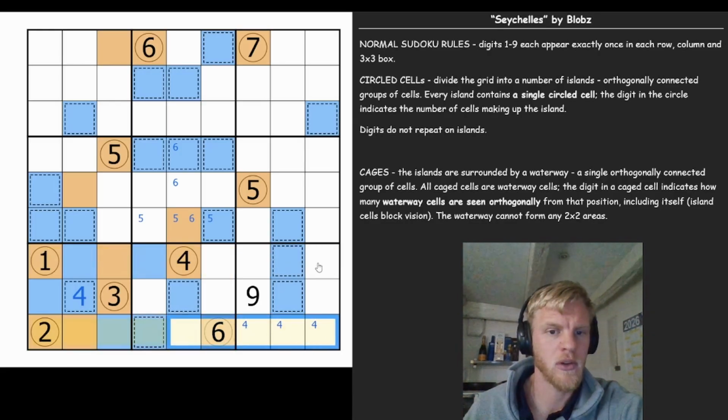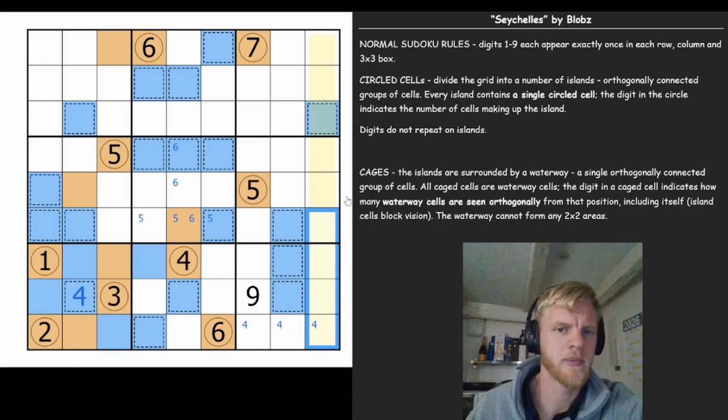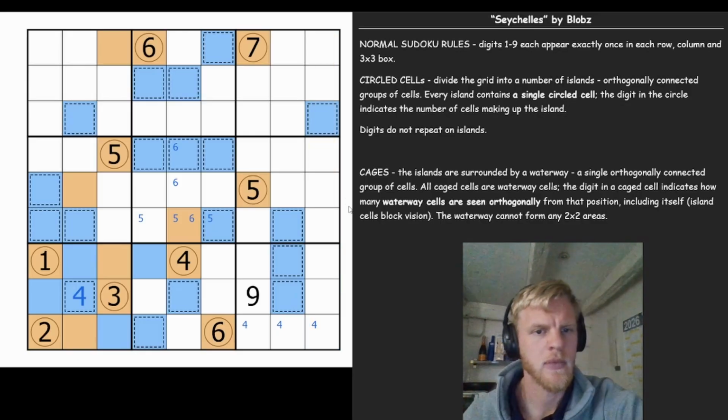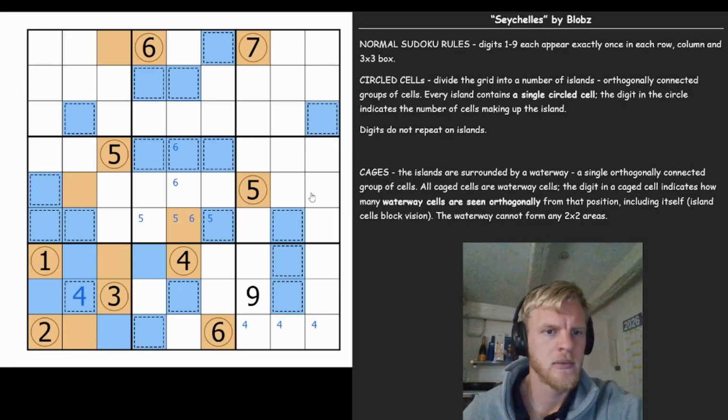And then the 6 has to go somewhere here. Now, can it go? Are the islands allowed to touch diagonally? Yeah.